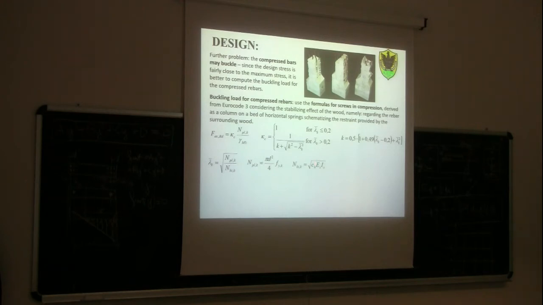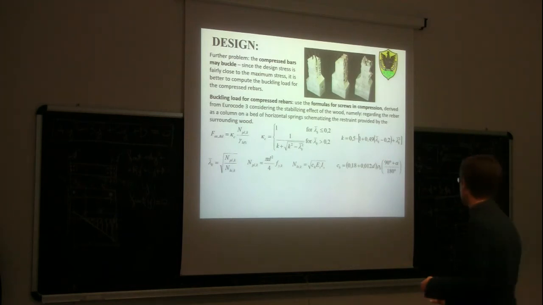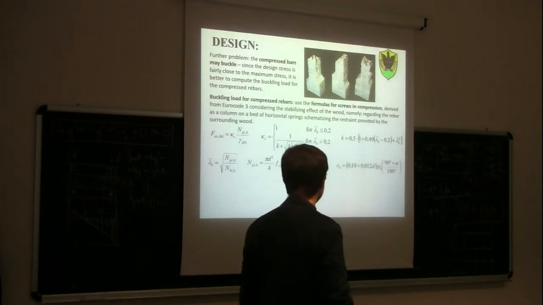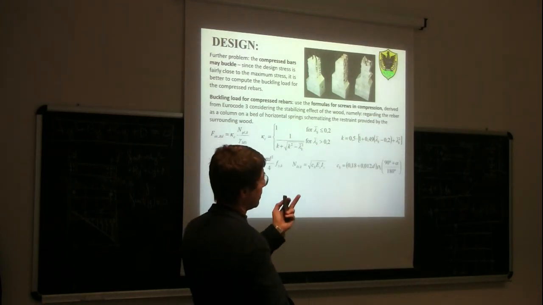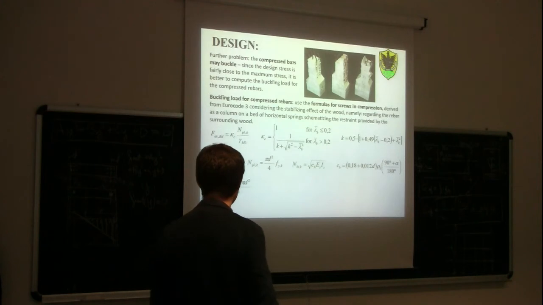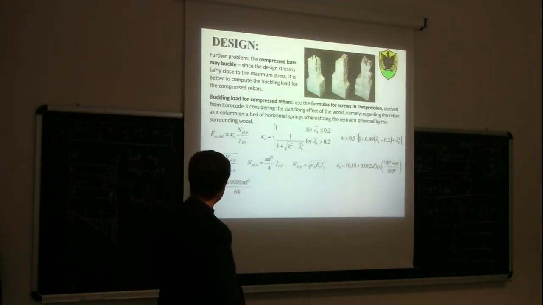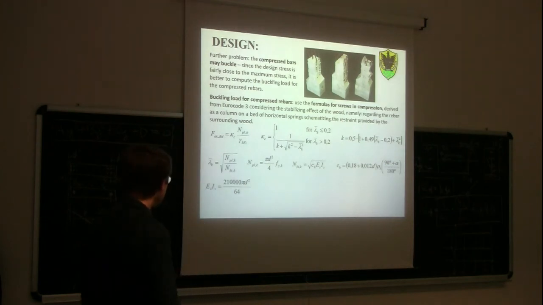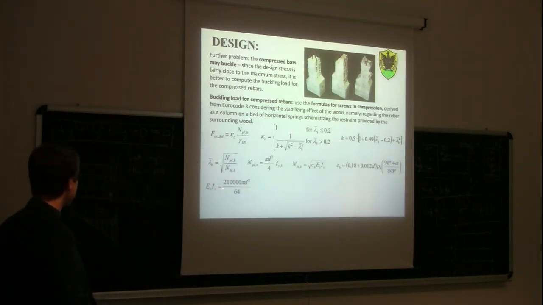So CH is related to the diameter of the rod and to the characteristic density of the wood, which is going to affect in some way the stiffness of those horizontal springs. Alpha is the angle of the rod with respect to the grain. ES·IS can be calculated as ES, 210,000, times pi d squared divided by 64, which is basically the second moment of area of the section of the rod with respect to the diameter.